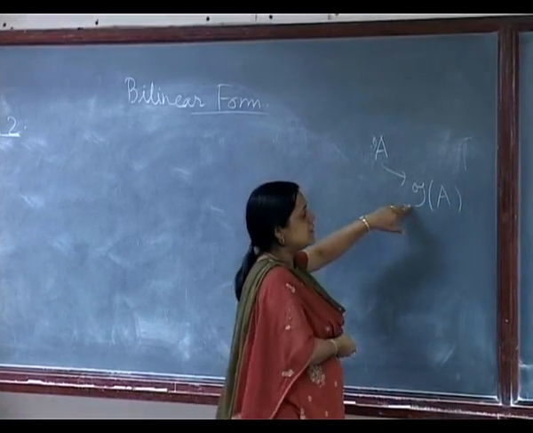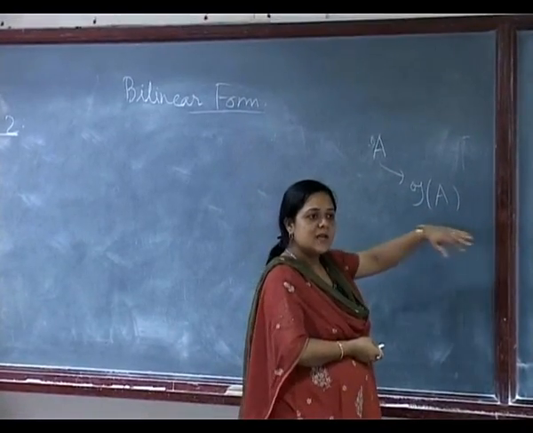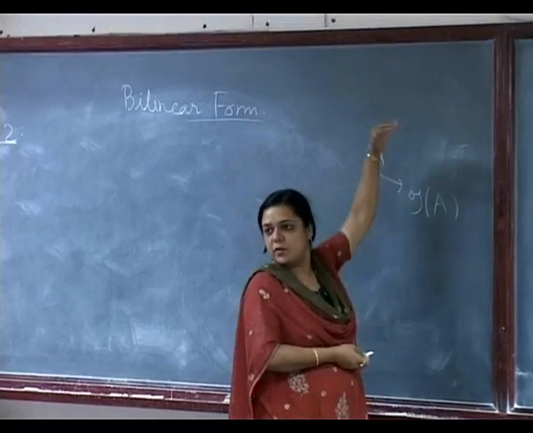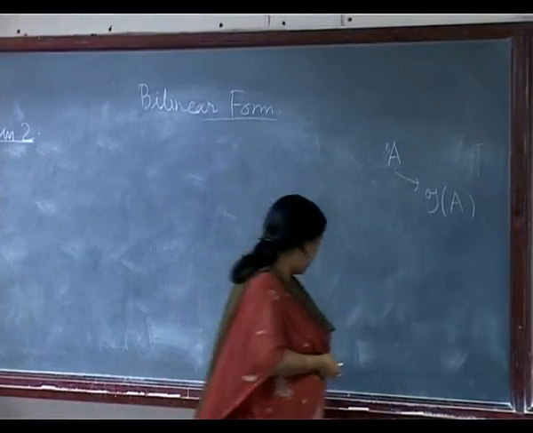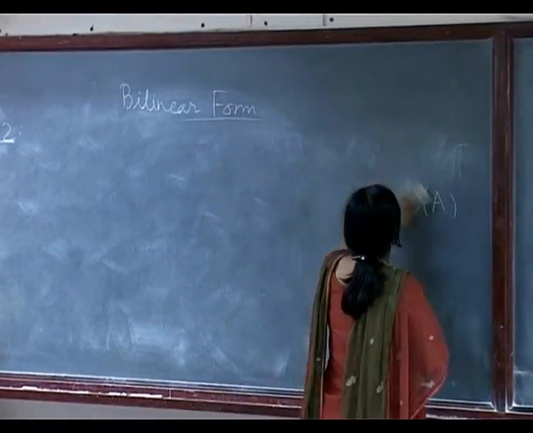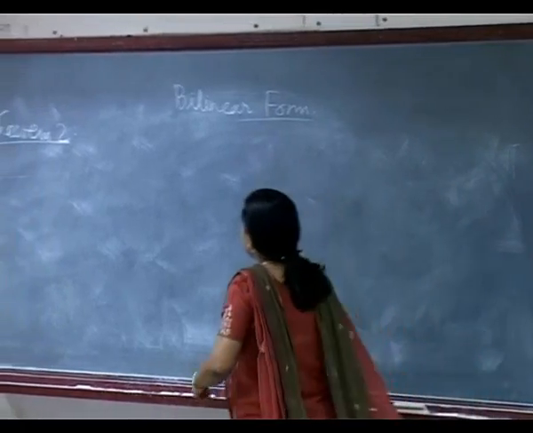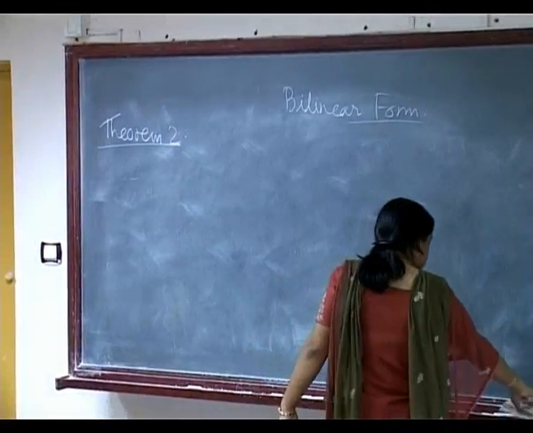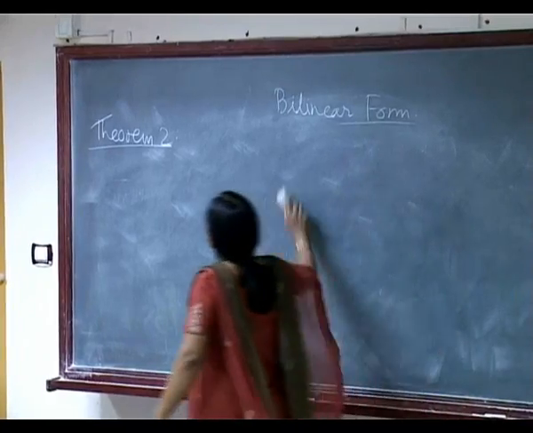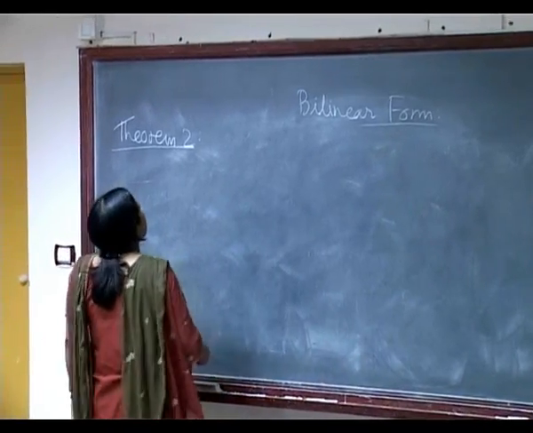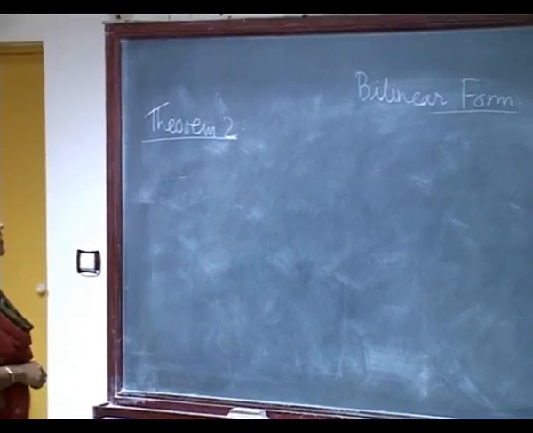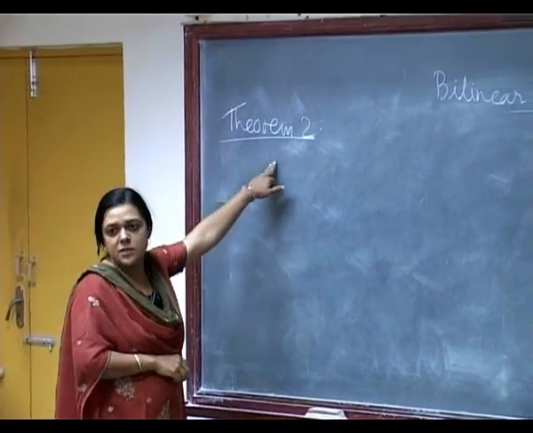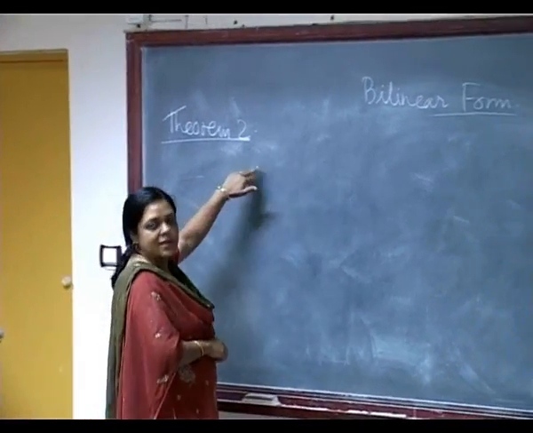I am saying that we can extend this bilinear form from H to the whole of GA. In fact, I can do it only for a symmetrizable Lie algebra. I will tell that later on.